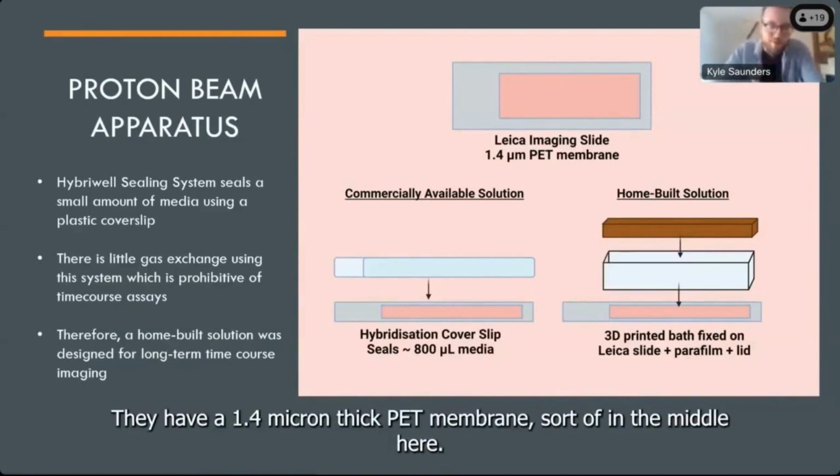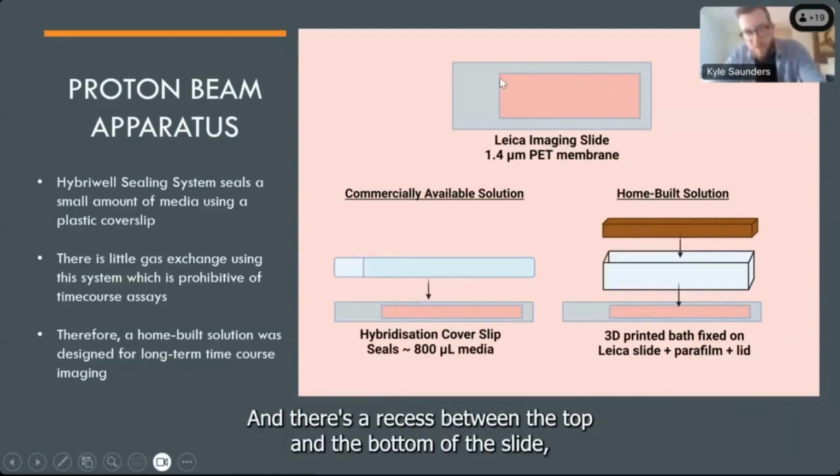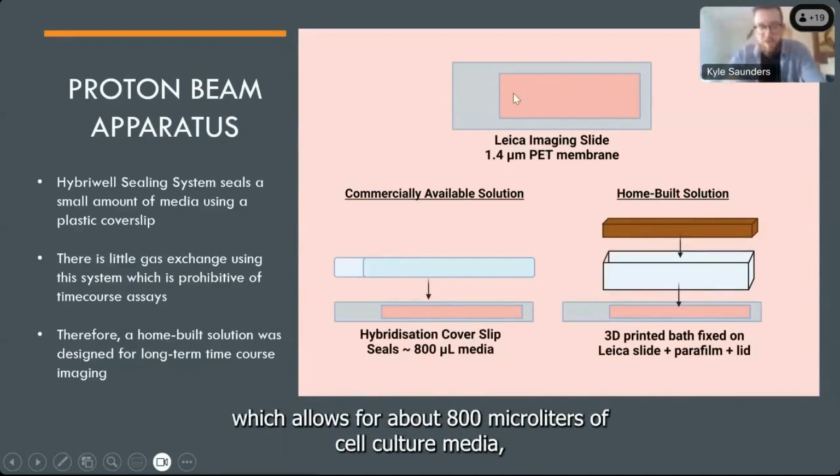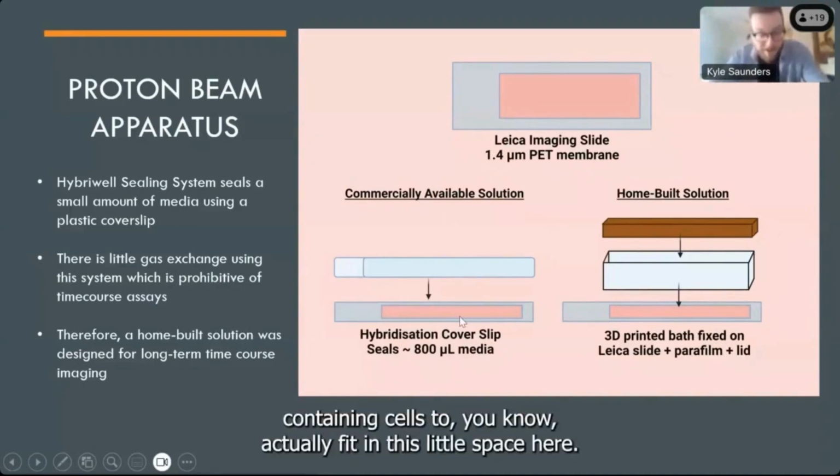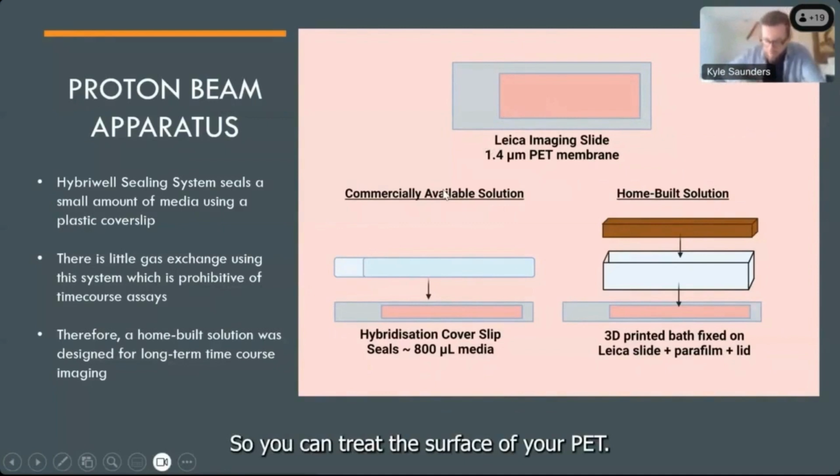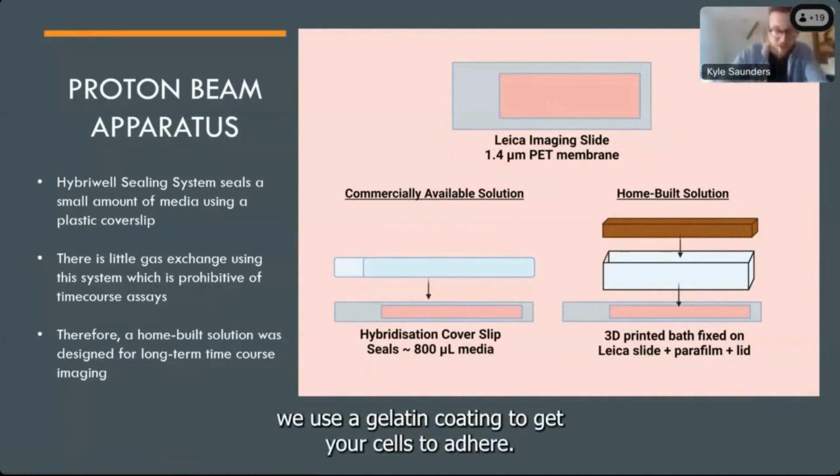They have a 1.4 micron thick PET membrane in the middle here. And there's a recess between the top and the bottom of the slot, which allows for about 800 microliters of cell culture media containing cells to fit in this little space here. So you can treat the surface of your PET. We use a gelatin coating to get your cells to adhere.